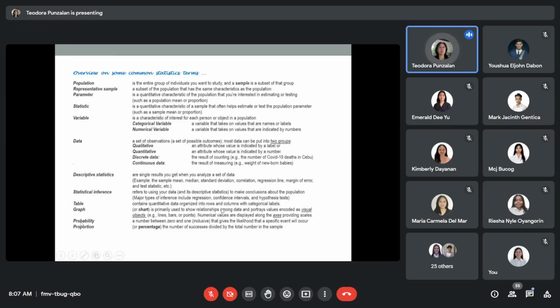Now, probability and proportion. Usually for proportion or percentage, we have a column showing the percentage. The label of the column is percentage, the percentage symbol, for which you have the entries under it as the number of successes divided by the total number in the sample. Okay? And there should be a total row, no?